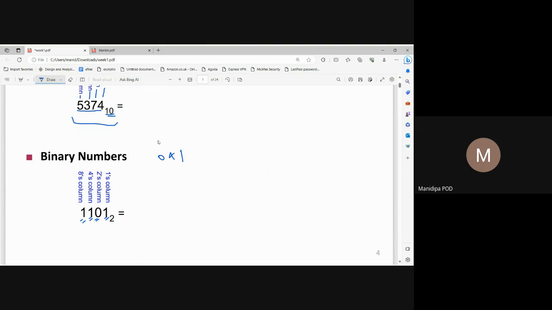The ones column designates 2 to the power 0, which is 1, and the twos column is 2 to the power 1, which is 2. Similarly, this is 2 to the power 2, and this is 2 to the power 3. If we have a larger number, with more ones or zeros, we will have the 16's column, the 32's column, and so on, just increasing the power of 2.